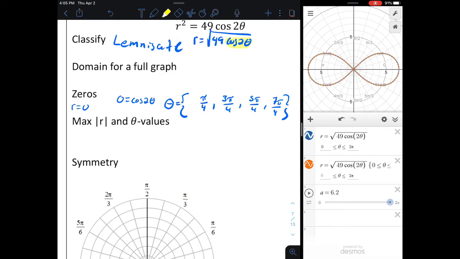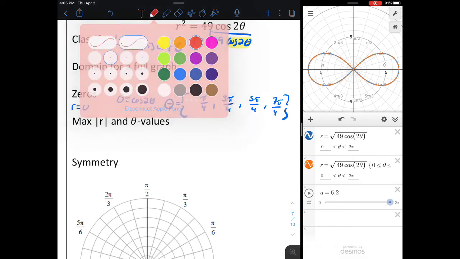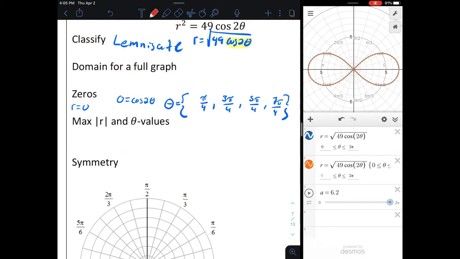So now we have to go through and figure out, well, on the intervals from 0 to 2 pi, and we have all these other places from start to finish where we're producing values of 0.